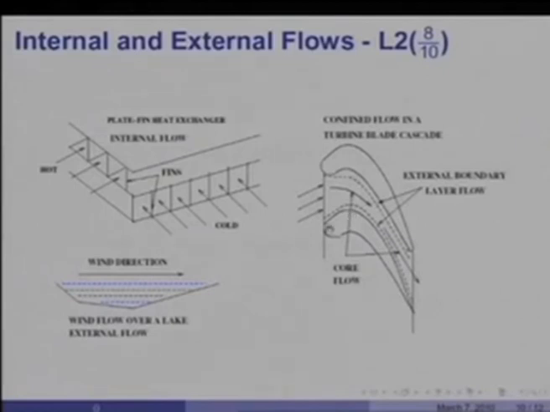So much so that for all practical purposes, we could treat this boundary layer development on the suction surface as an external flow, which is bounded on one side by the solid surface, the suction surface, but on the other side is a completely free expanse.